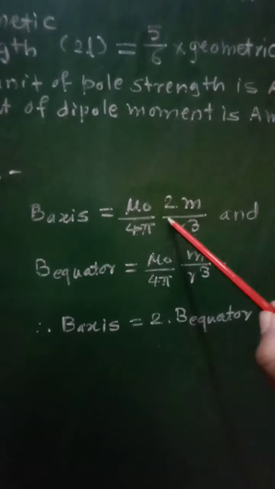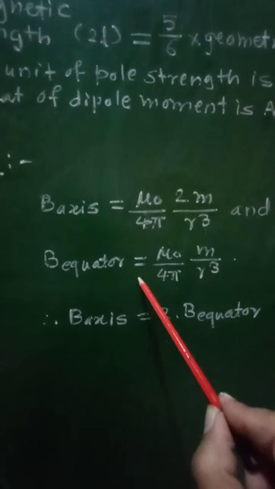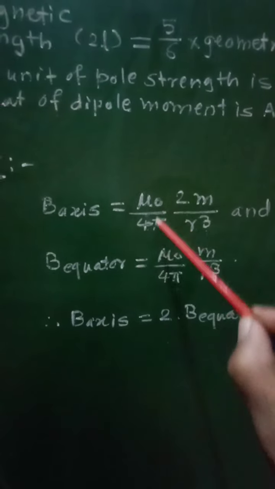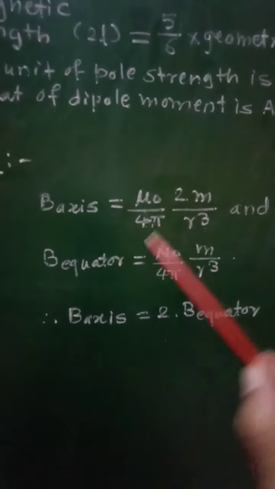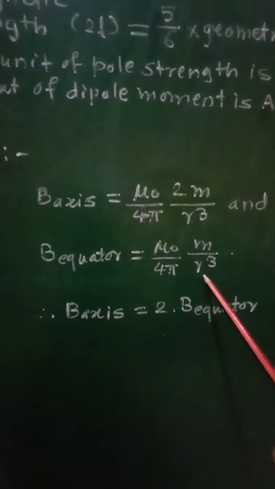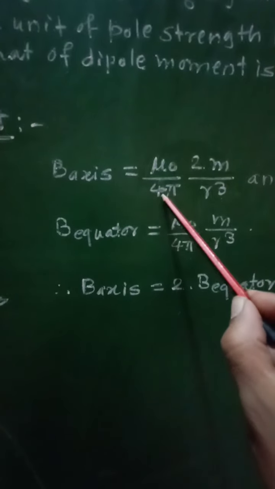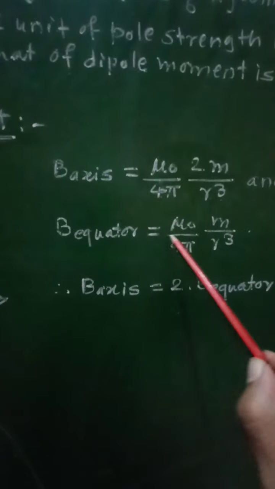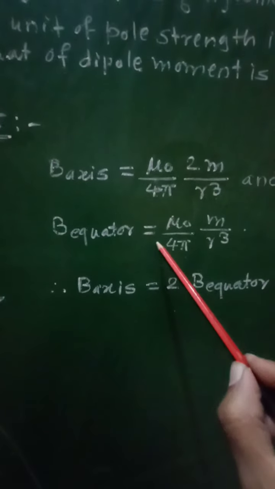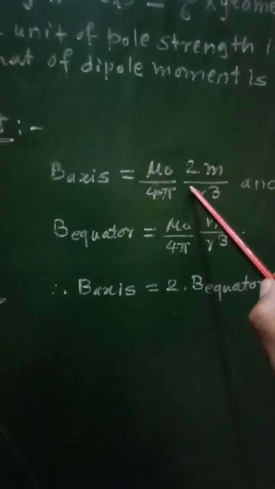Now if we compare these two relations, B axis equals mu0 upon 4 pi, 2m by r cube and B equator equals mu0 upon 4 pi, m by r cube, then it is clear that B axis is greater than B equator by a factor of 2.